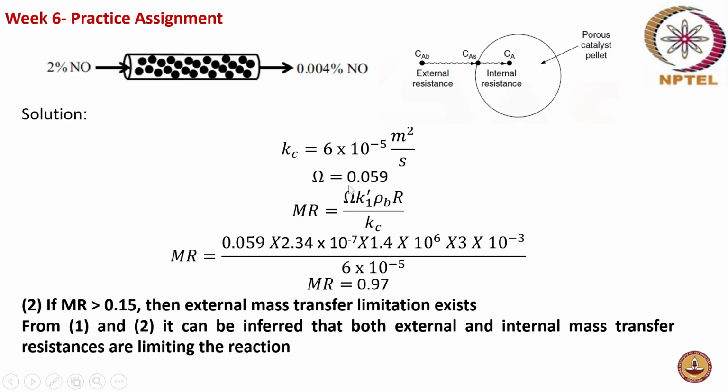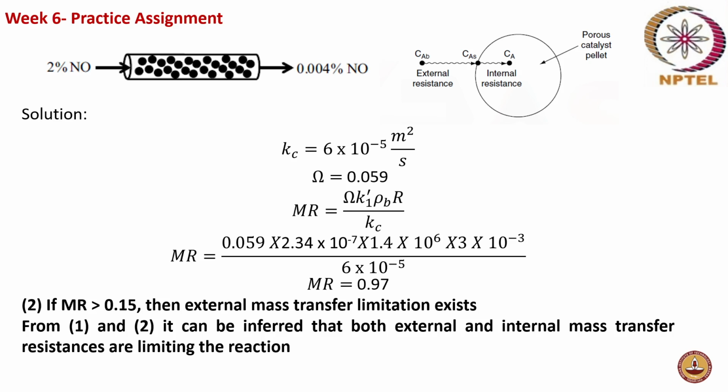That means the concentration on the surface of the catalyst is not the same as the bulk concentration, because there is an external mass transfer resistance offered. Similarly, the concentration inside the pellet is not the same as the concentration at the surface of the pellet.